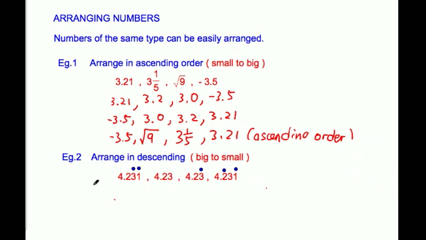In the next example, we want to arrange some recurring decimals in descending order, that is from big to small. To do that, we rewrite the decimals in their longer form.